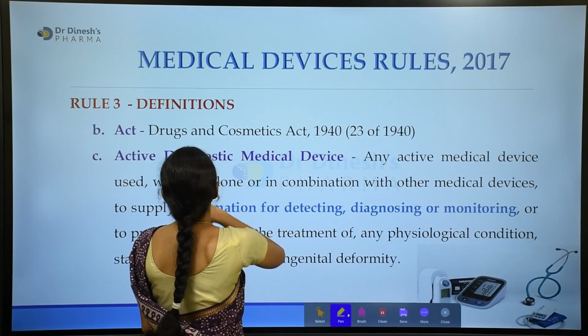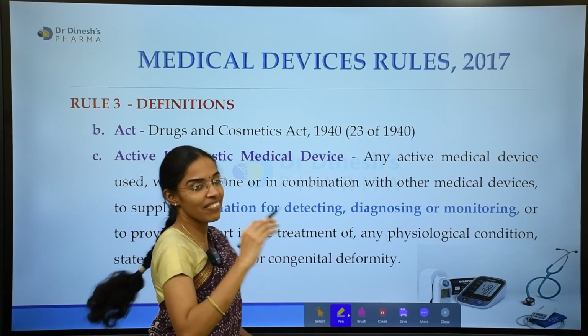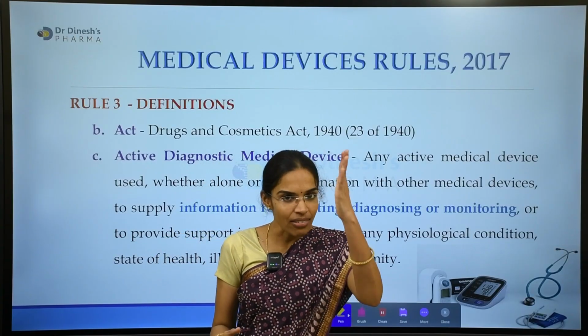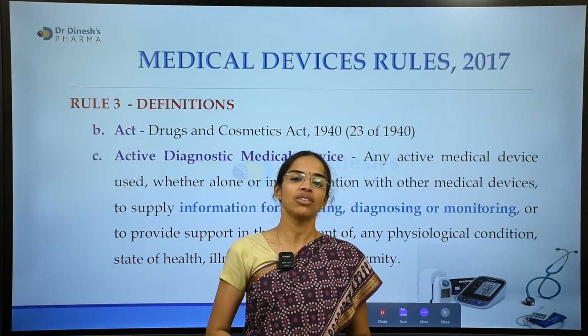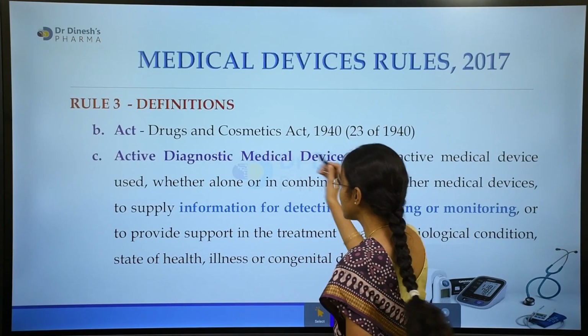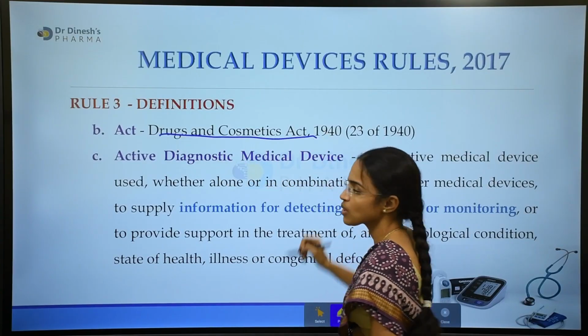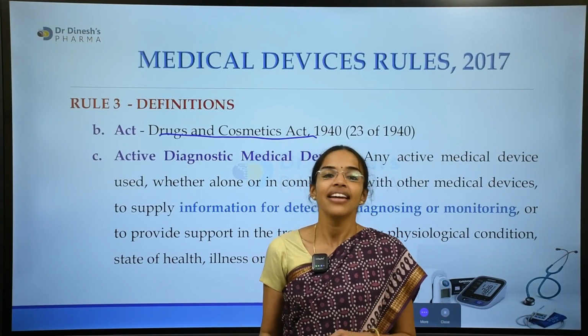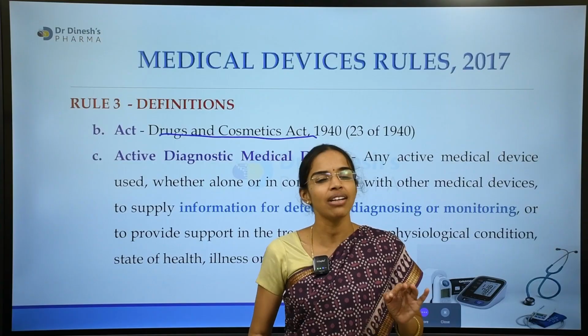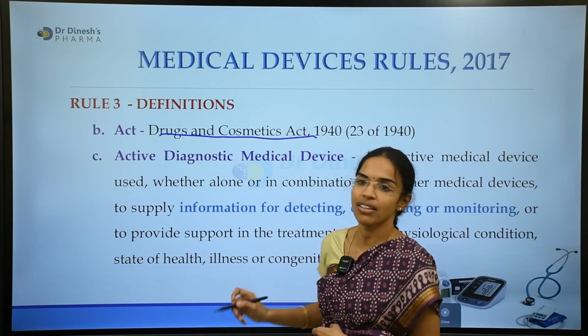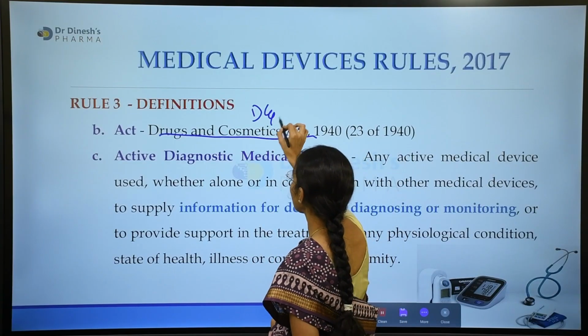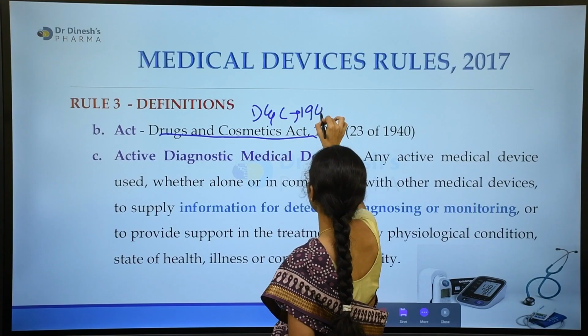Okay, so whenever the term act appears all through this MDR 2017, it refers to the Drugs and Cosmetics Act only. It refers to the DNC Act. Wherever the term Act is seen, it refers to the DNC Act 1940.